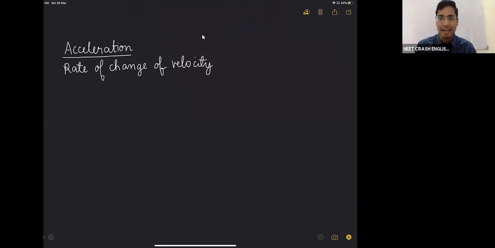So acceleration is defined as rate of change of velocity, which is nothing but delta V upon delta T. The unit of acceleration is meters per second square, meters per second per second. So now delta V by delta T is there.